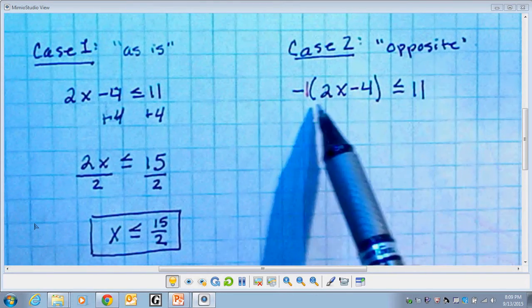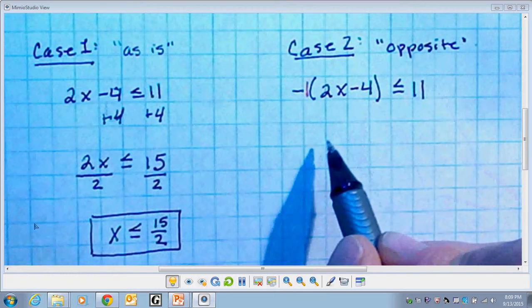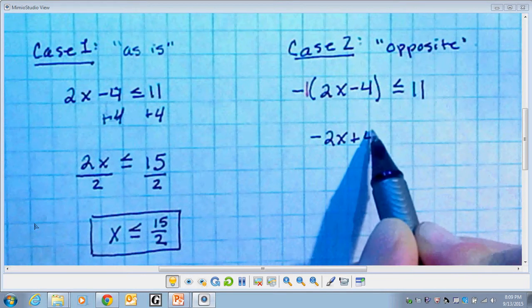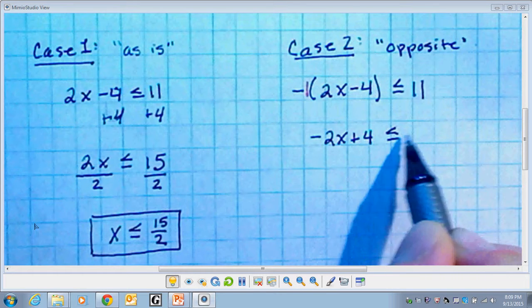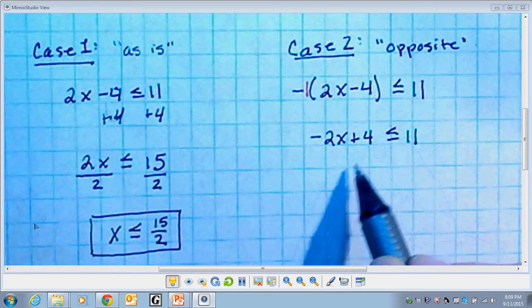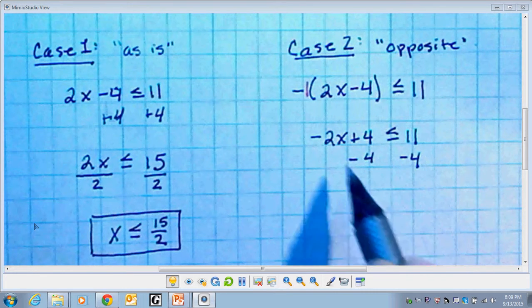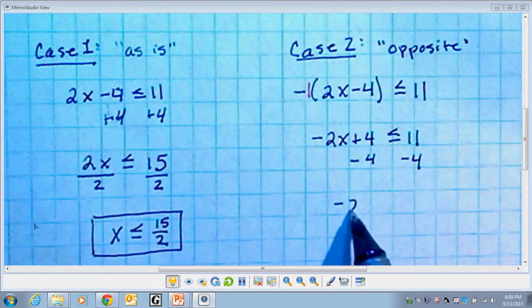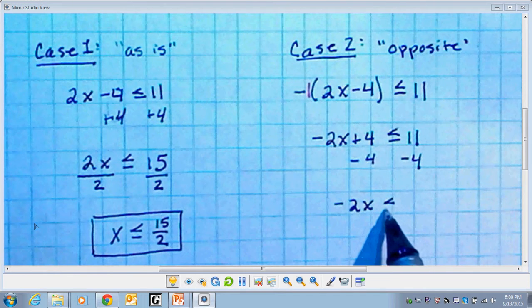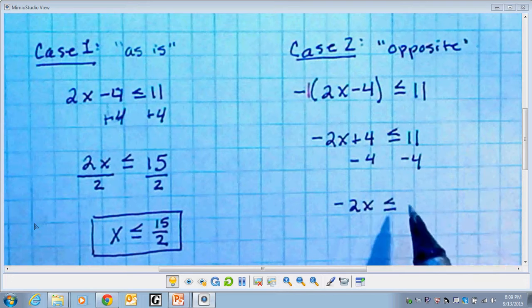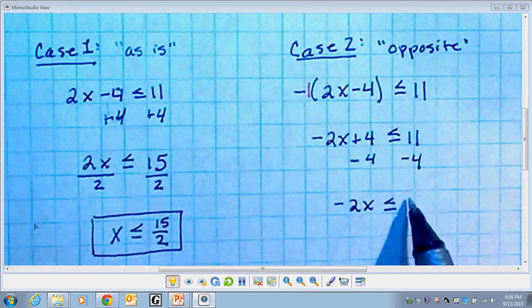Now I'm going to do the opposite. I'm going to distribute that negative into both terms. So I have -2x plus 4 is less than or equal to 11. I'm going to subtract 4 from both sides of the inequality, and I'm left with -2x is less than or equal to 7.